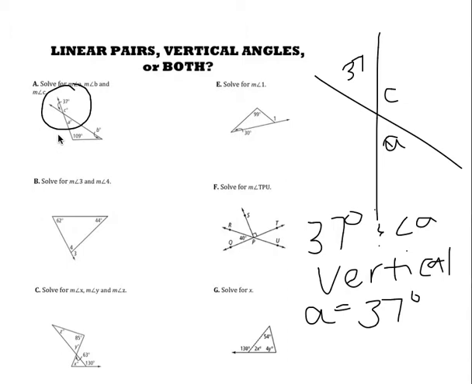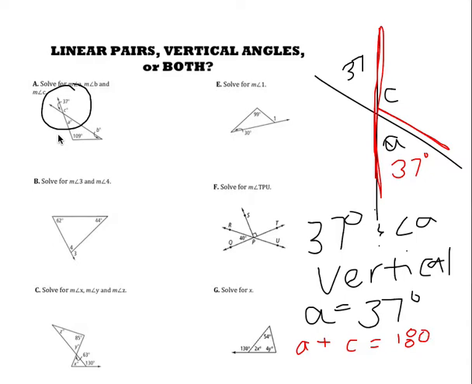Now, you'll notice, and I'll trace this in red, that this little line right here, angles A and C come together to make a straight angle. We know that angle A is 37. If they make a straight angle, that means they sum to 180 degrees. I can set up an equation: angle A plus angle C equals 180.